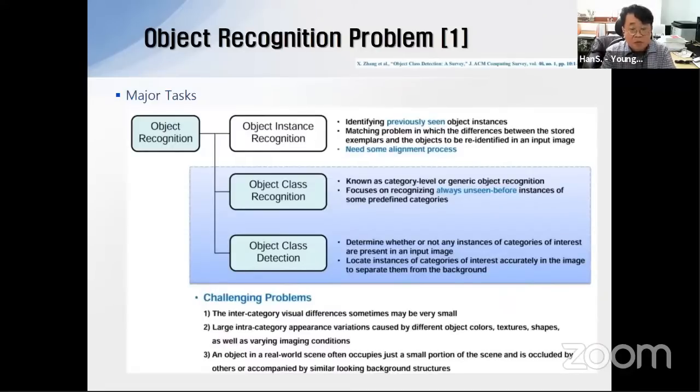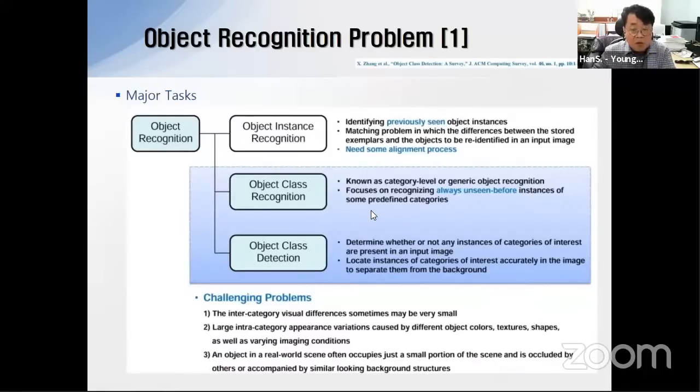Object instance recognition is identifying the object instance. For example, you can apply it to crime suspect detection, identifying the same person, the crime suspect, across several surveillance videos.